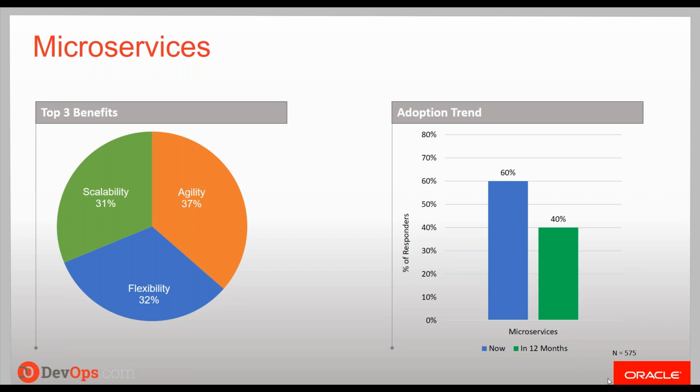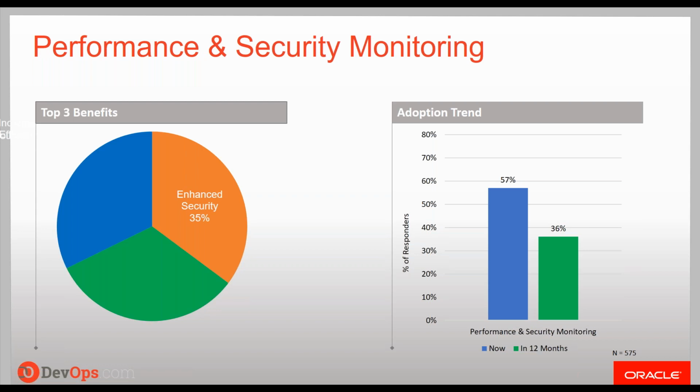Absolutely. All right, let us move to the next of the big 3, if you will, and that is performance and security monitoring. Again, just under 60%, 57% current adoption, 36% within the next 12 months. Even with my new math, that's 87 and 6, that's 95% adoption within the year.